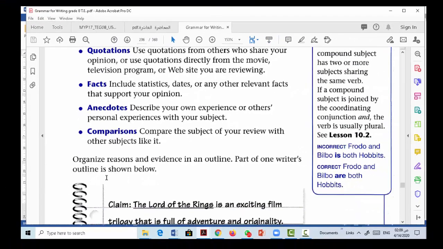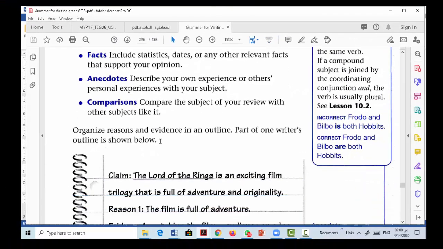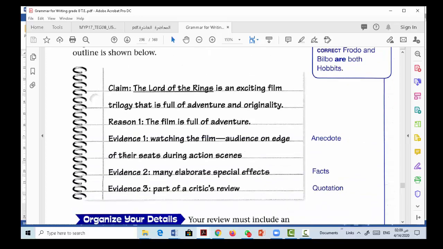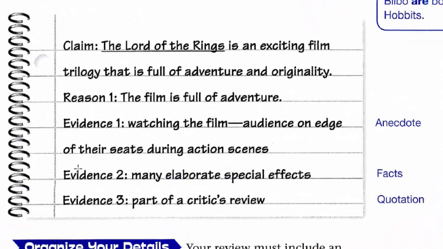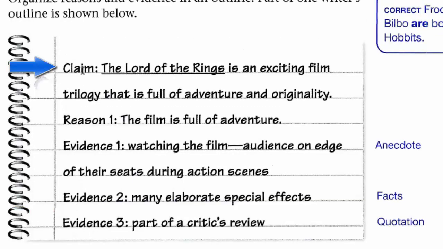Next thing, you need to organize the reasons and evidence in an outline. Part of one writer's outline is shown here. So we have a claim, reason 1, evidence 1, evidence 2, evidence 3. So for the writer here, he had a claim and reason, and this reason is supported by 3 evidences.